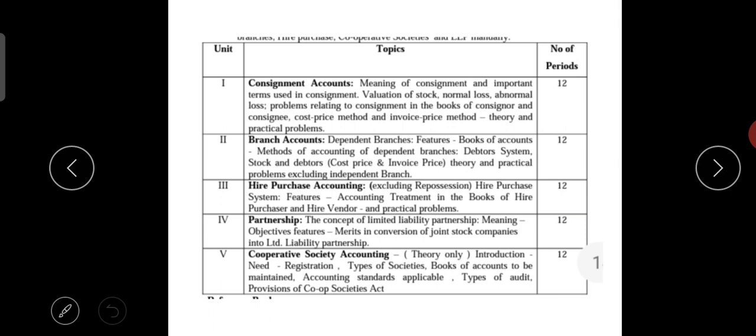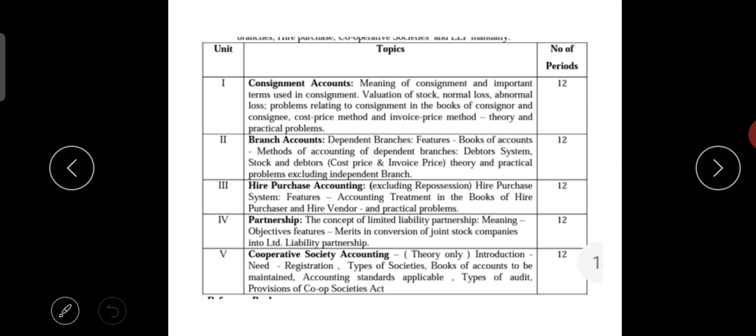So, in this unit, you are studying the meaning of branch, the types of branches, the methods of accounting of branches by debtor system and stock and debtor system. That means there are two systems of accounting, and you are studying only the accounting of dependent branches under cost price method and invoice price method.